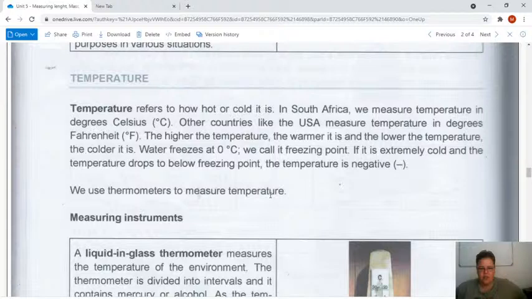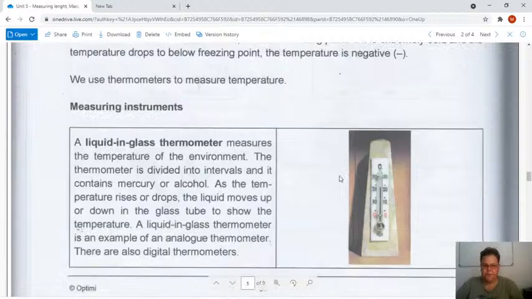We call it freezing point. If it is extremely cold and the temperature drops to below freezing point, the temperature is in a negative. So it will be -20 or -4 or -5. Remember Fahrenheit, the numbers are much larger, and I will show you how to calculate that in a bit.